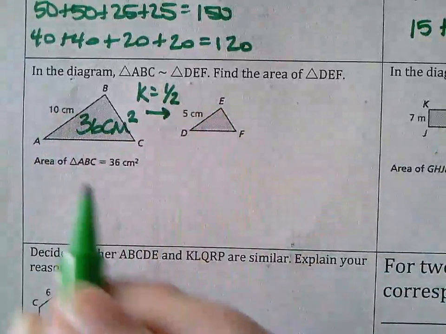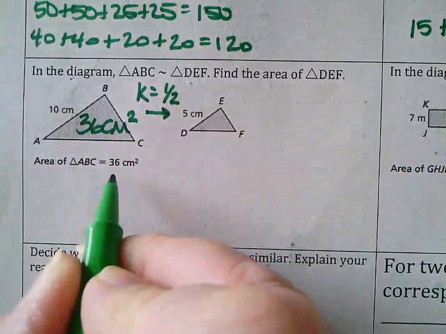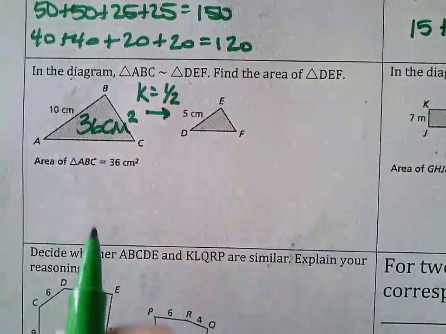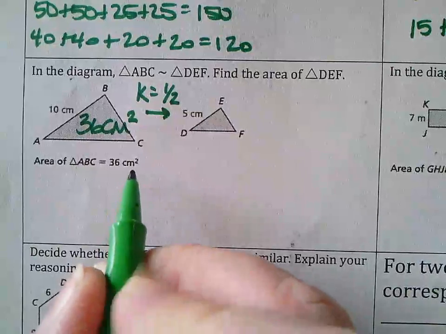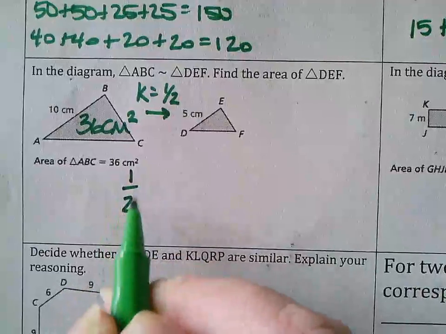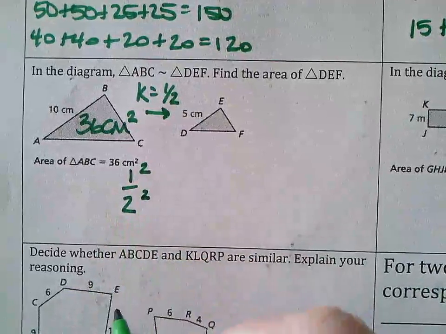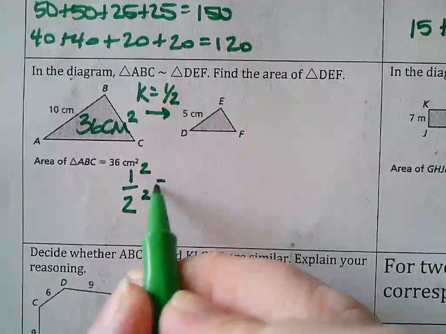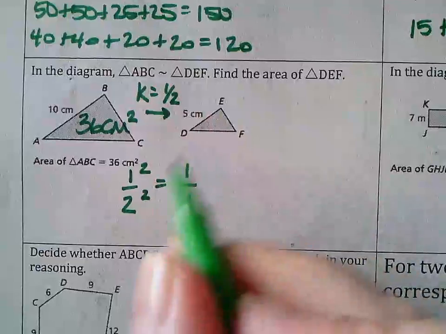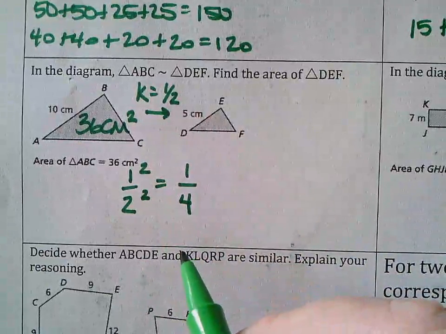So if this is half, you would think to yourself, well, I could just divide this by 2, right? No, don't do that. You'll have a bad day. So what you actually want to do is take 1/2 and square it, and you get 1/4, and that's the ratio you're going to use to compare the two.